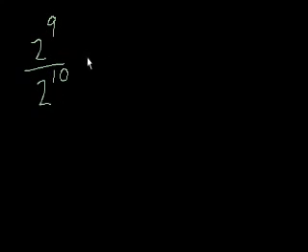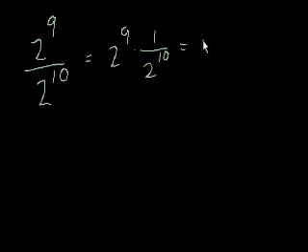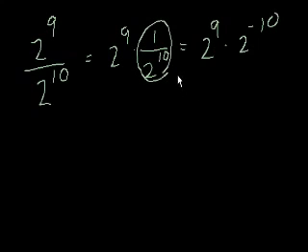Well, this is also the same thing as 2 to the 9th times 1 over 2 to the 10th, right? And you could rewrite 1 over 2 to the 10th as 2 to the negative 10. All I did is I took 1 over 2 to the 10, flipped it, and made the exponent negative. And I think you know that already from level 2 exponents.